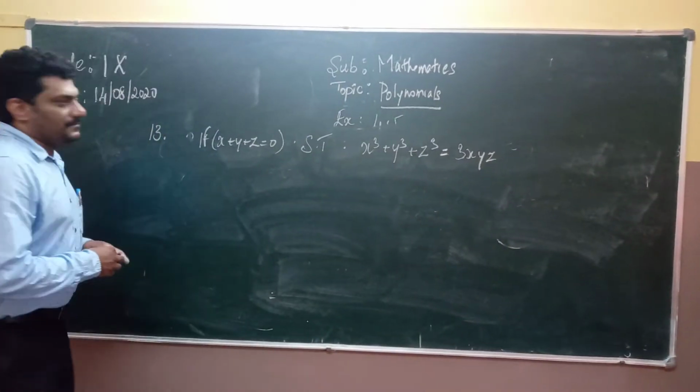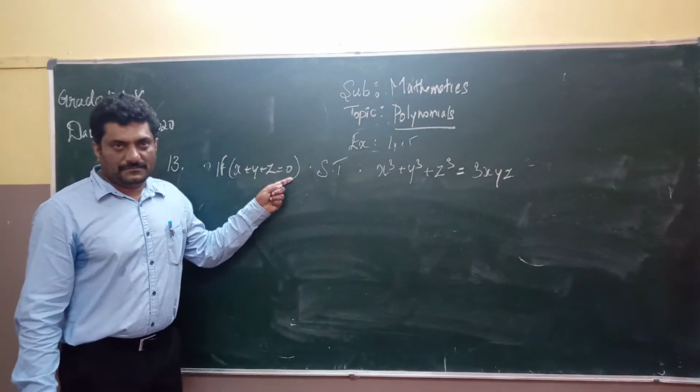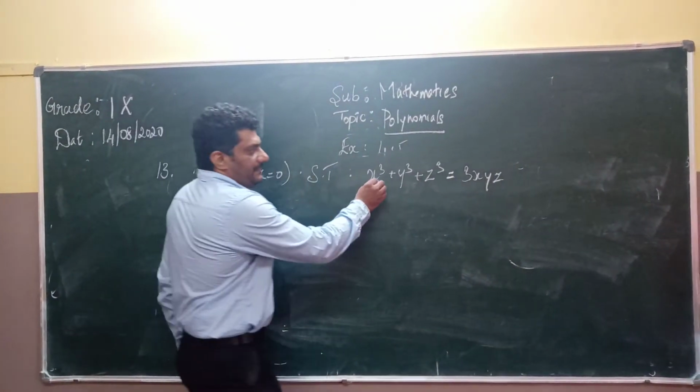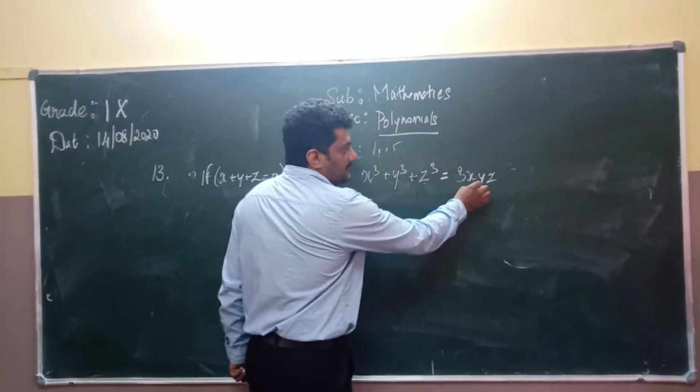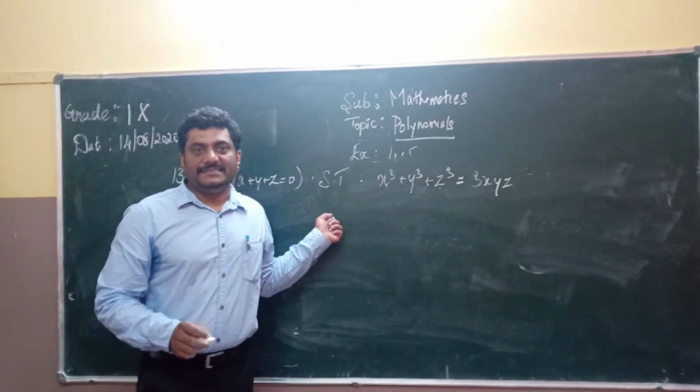Okay, the 13th problem is: if x plus y plus z is equal to 0, show that x cube plus y cube plus z cube is equal to 3xyz. If you remember, we have 8 identities.